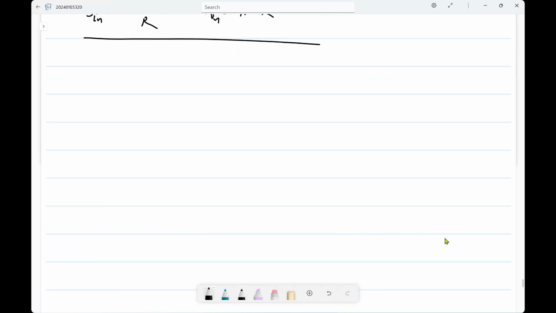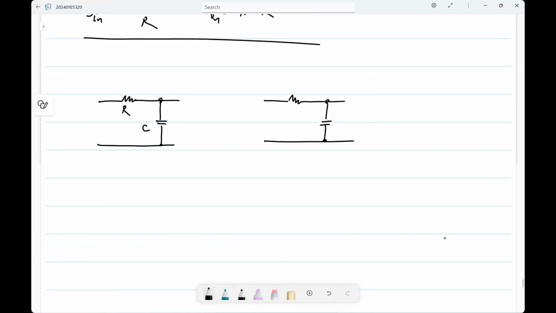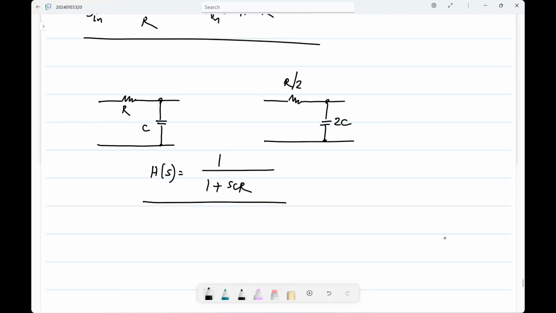Okay. So if you have this, or have that, the transfer function is exactly the same. But here, the output noise power is kT by C, and this is just a symbol for the mean square value, right?